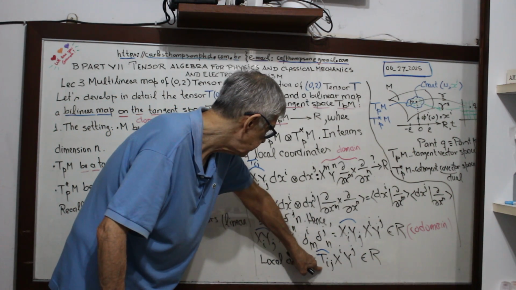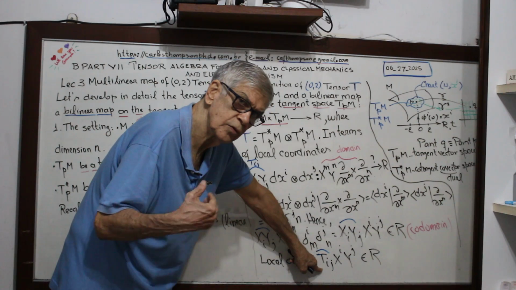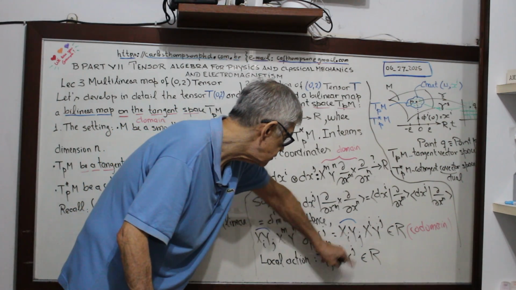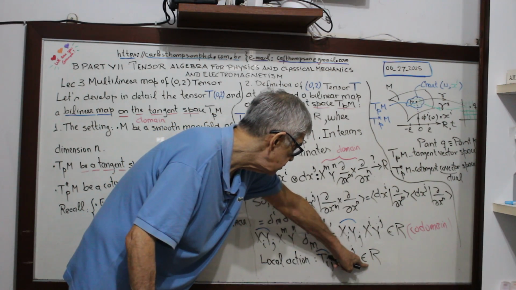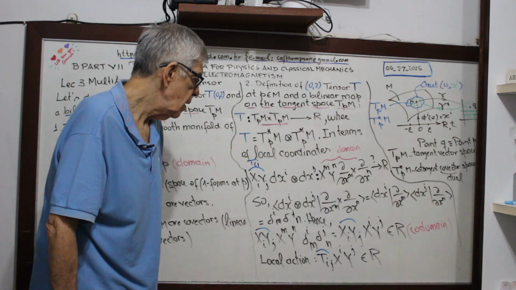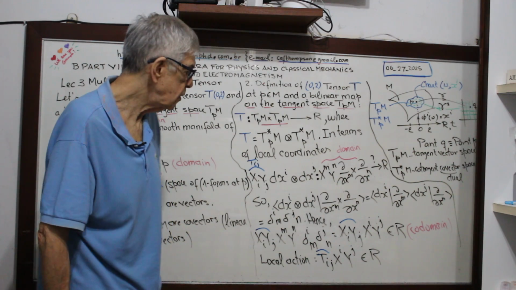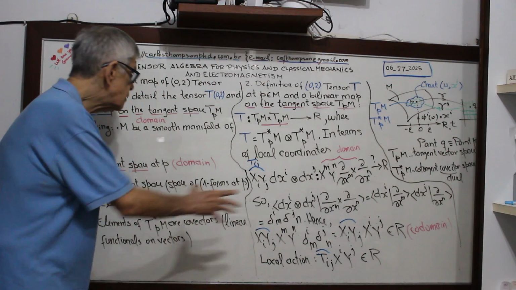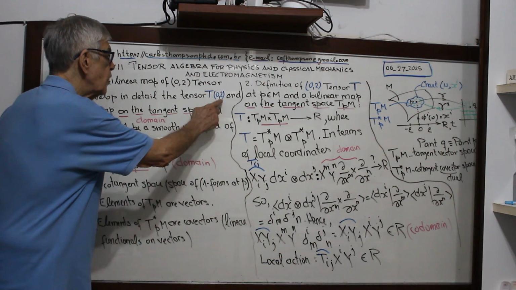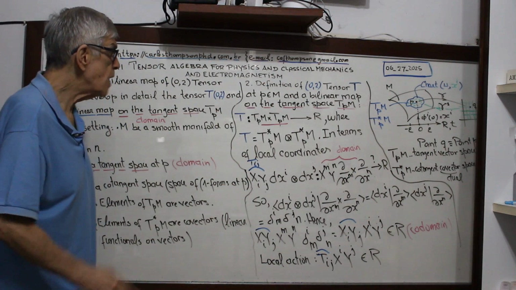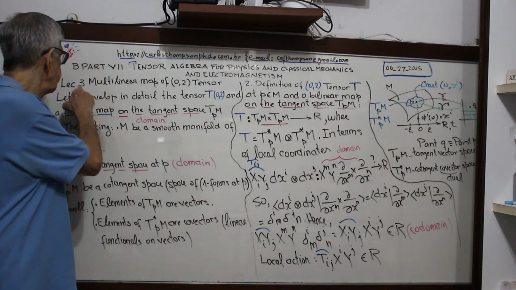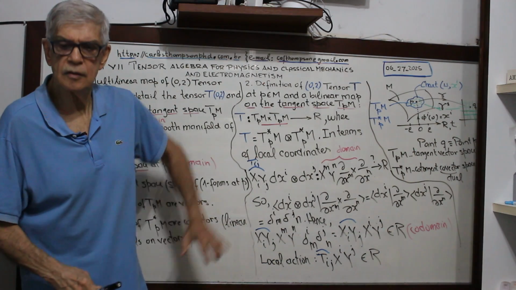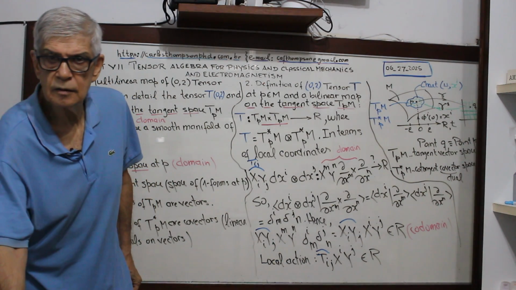The blue one comes from the tensor T. This xi, yj belongs to the scalar R, consistent with the definition of a tensor. So that's it. Next lecture, lecture 4, I will present a numerical example, just showing this development.